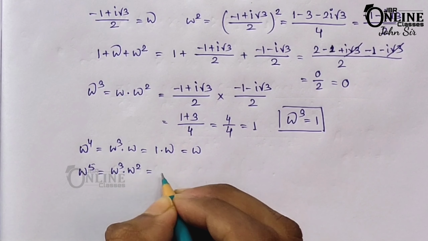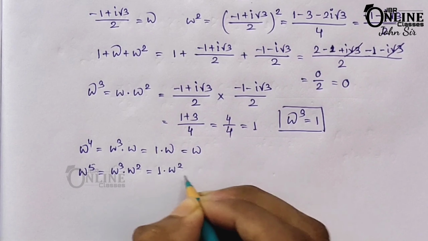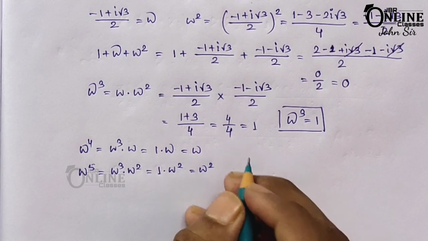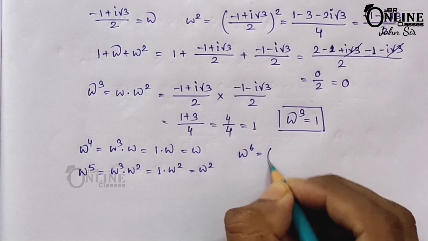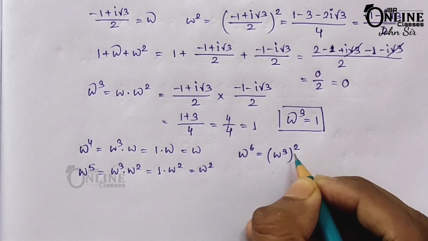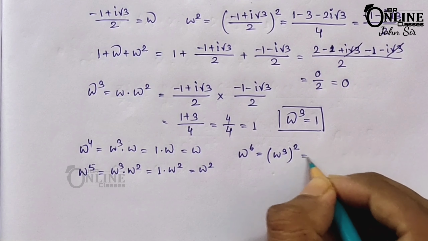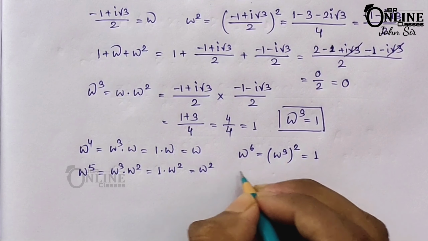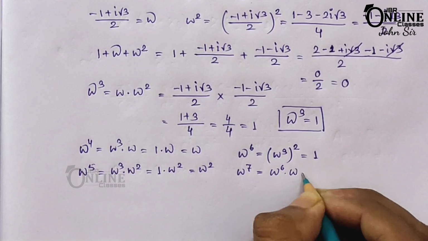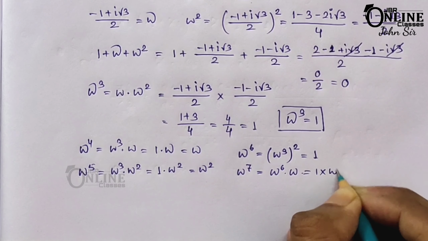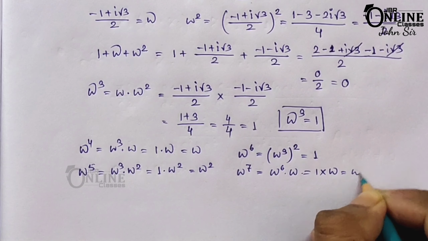You know that omega cube equals 1, so that into omega square equals omega square. Similarly omega to the power 6 equals omega cube whole square. You know that omega cube means 1, so it will be 1. Same, omega to the power 7 equals omega to the power 6 into omega, so 1 into omega, and that equals omega.